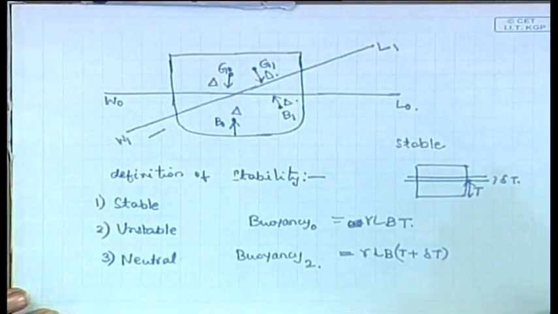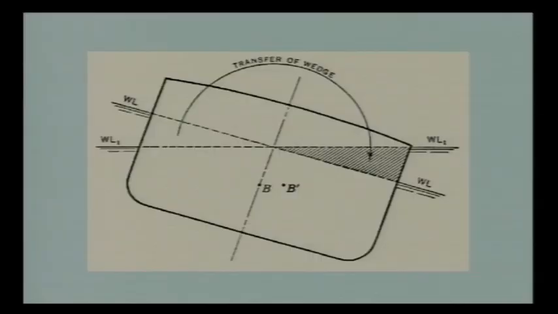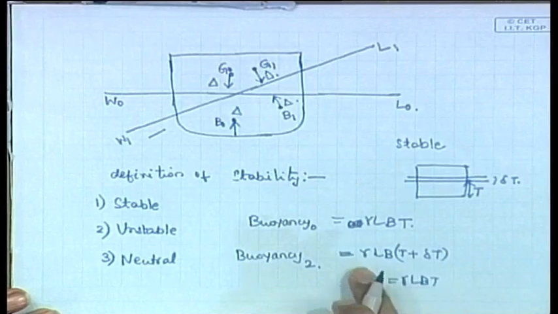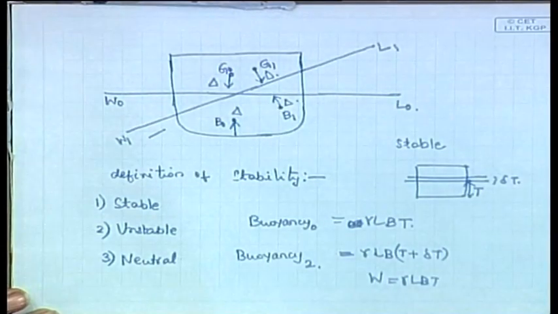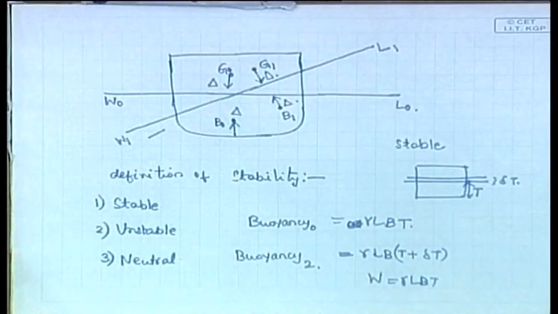Now, there is an additional force acting, it is slowly pushing it up. Initially the weight was balanced by gamma LBT, so it was remaining at rest. Now, there is this gamma LB delta T additional force acting up, so it is slowly bringing it back to the original position. So, that is the meaning of stable equilibrium.